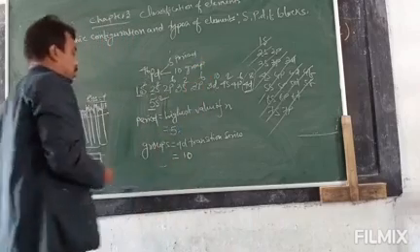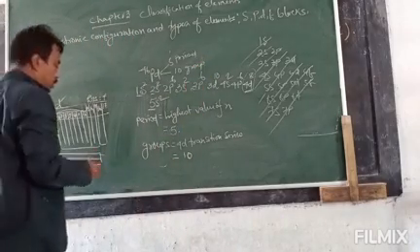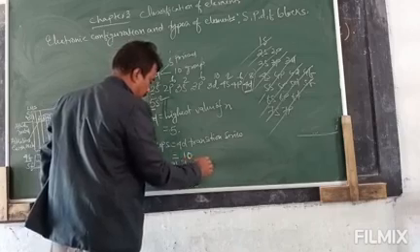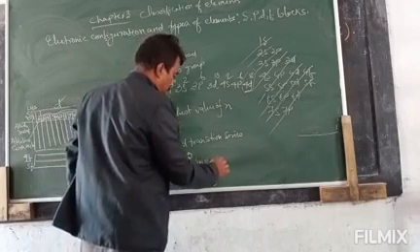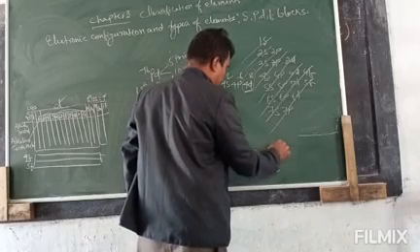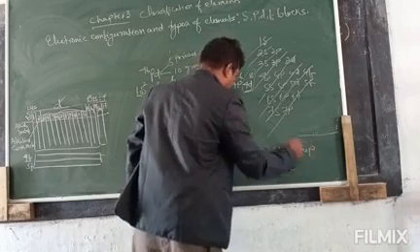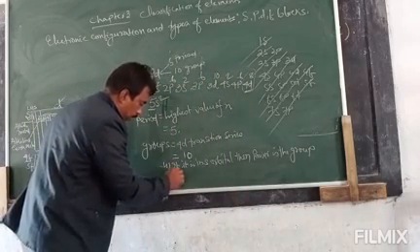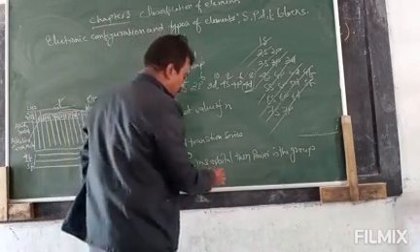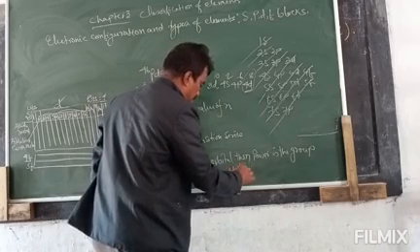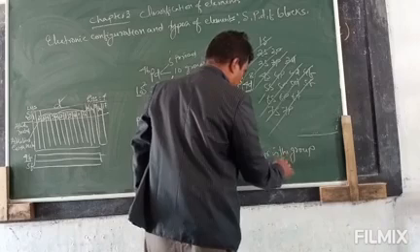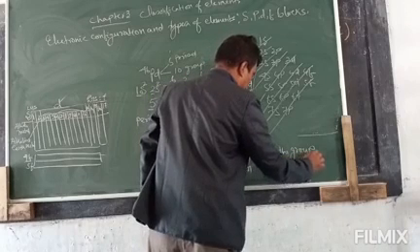In short, we can say that for the groups, if it is in s, that means the last electron is in the s orbital, then the group is the number of electrons. Now, if the last electron is in p orbitals, then you need to add 12 plus the last electron, and that is the group.